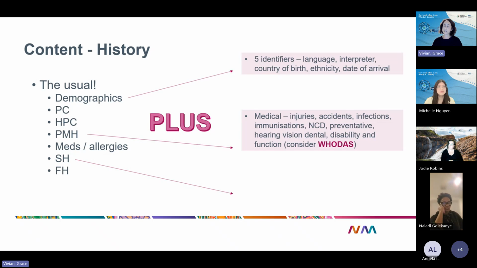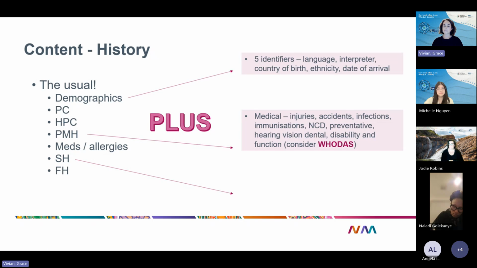Things like this, congenital illnesses. We've seen patients with Down syndrome, autism, psychological illness as well. In this cohort, we might want to consider doing a WHODAS. I'll show you a picture of this in another slide. This comes from the WHO and stands for the Disability Assessment Schedule.